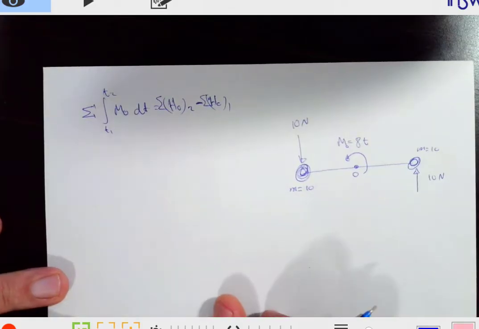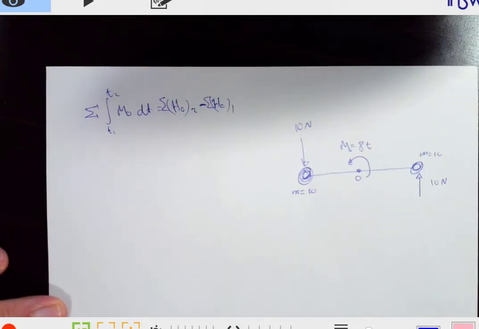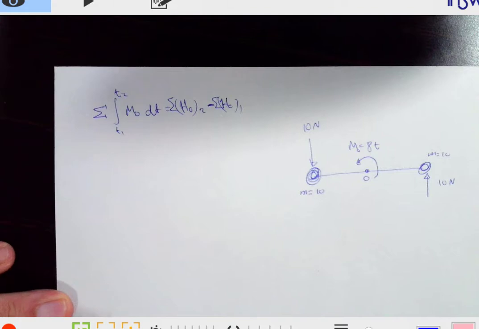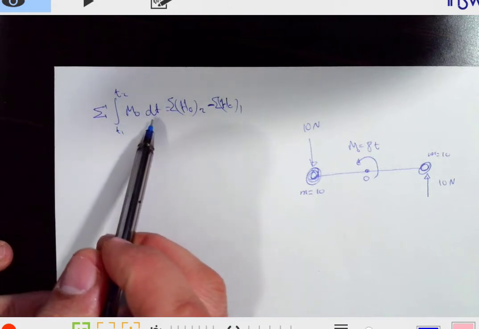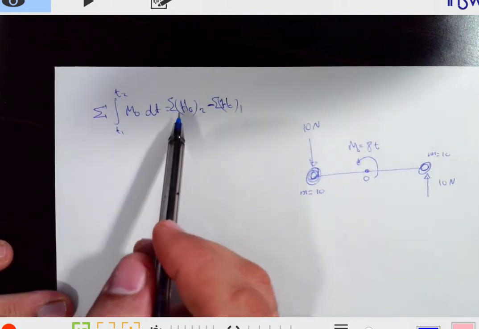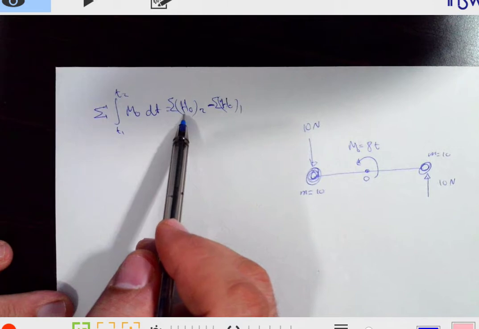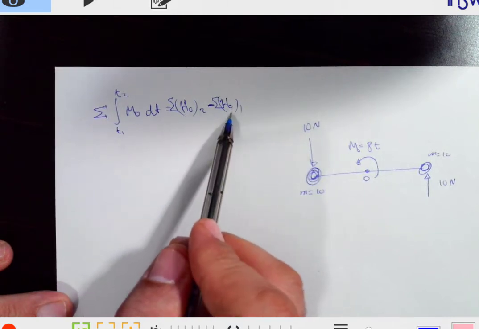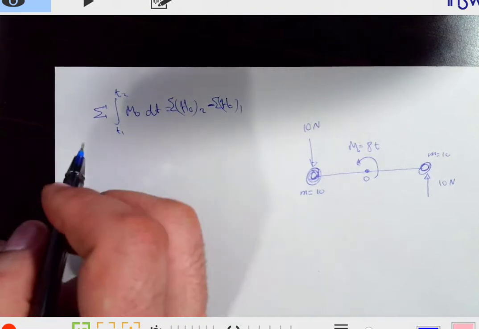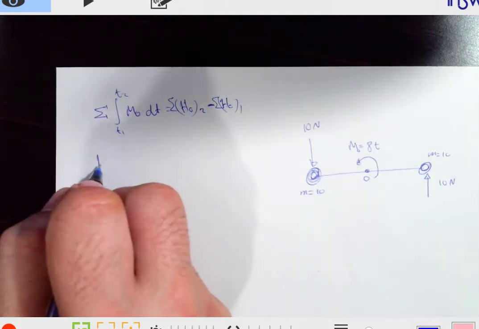Okay, so let me do it again. This time I'm going to use paper and pencil, so we reinforce the learning here. So this is the summation of the moments for the system. This is at time 2, at time 4 seconds, and this is at time 1, 0 seconds, sorry.